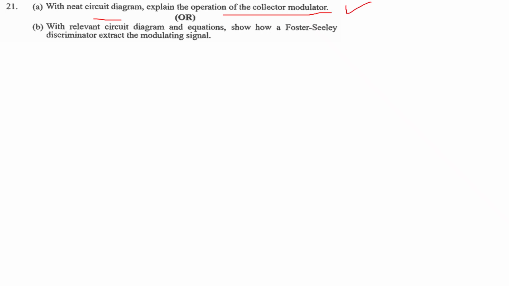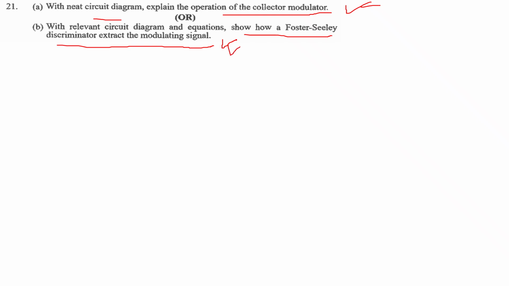So this is one question. Or you can solve this with the relevant circuit diagram and equation: how a Foster-Seeley discriminator extracts the modulating signal. So this is a demodulator question, and the first is the modulator question. You can solve any one of them, right?